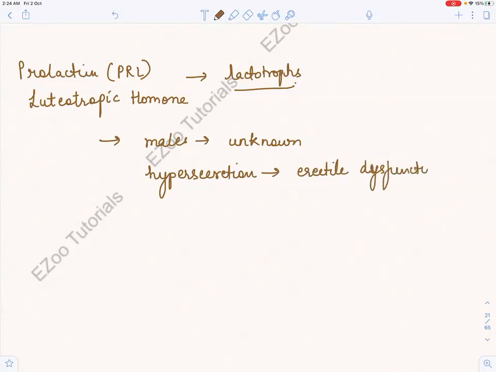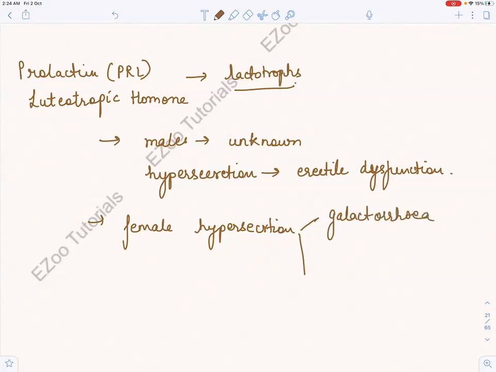And similarly, what will happen in the female if there is a hypersecretion? You have to learn two words over here, that is galactorrhea and amenorrhea, right?